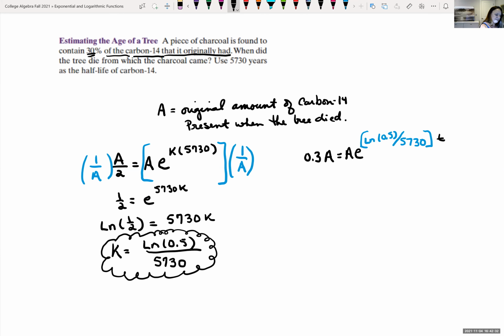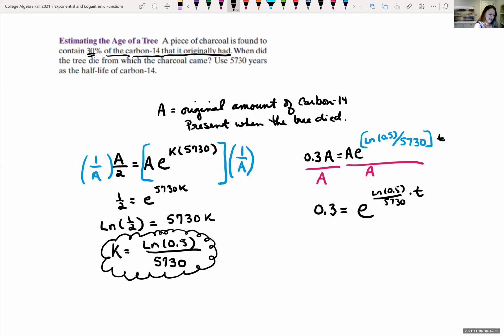Well, if you divide both sides by A, notice the A's cancel, and you're just left with 0.3 on one side is equal to e raised to this natural log of 0.5 divided by 5,730 times t.